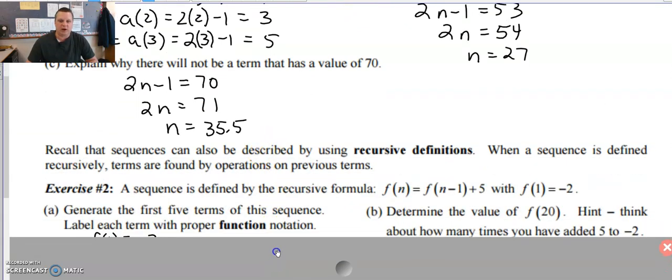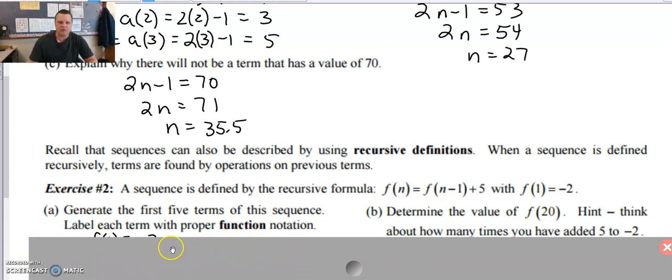We also talk about, and I know you talked about this next door, recursive definitions. Recursive definitions are terms found by operations on previous terms. So you have to use the previous term to find the next term.